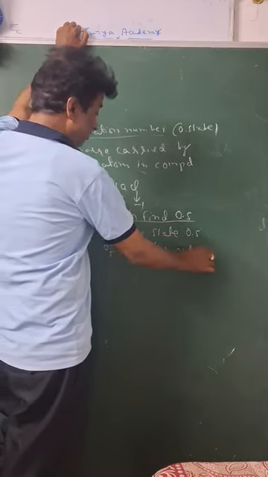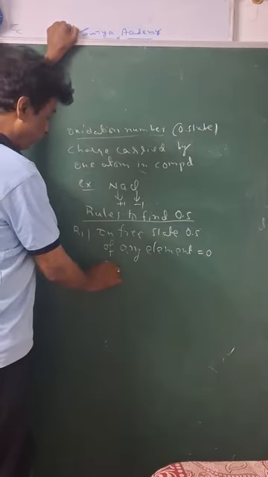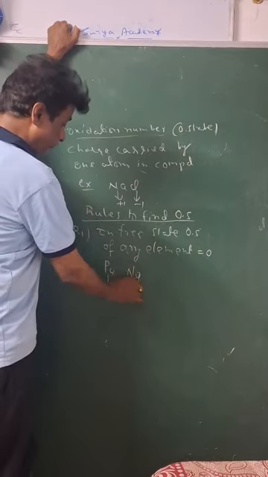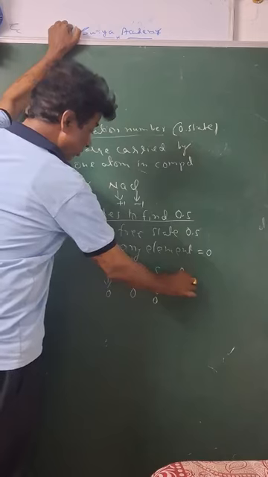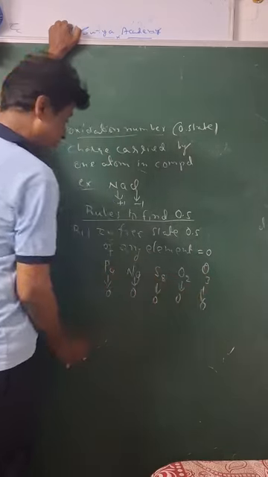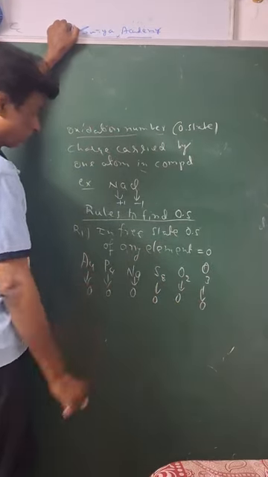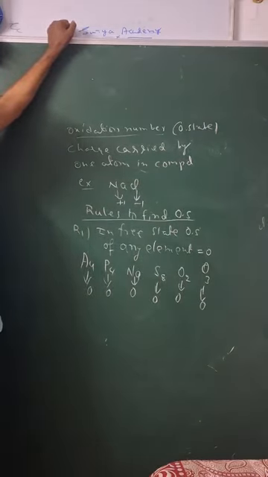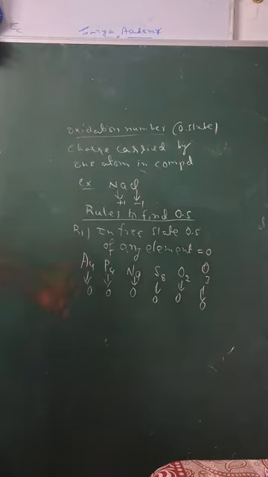For example, P4 is 0, Na is 0, S8 is 0, O2 is 0, O3 is 0, gold is 0. In the elementary state, one kind of atoms, it is 0.